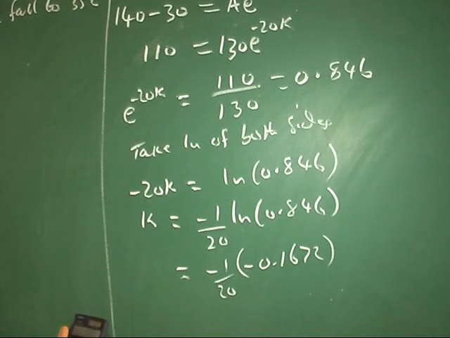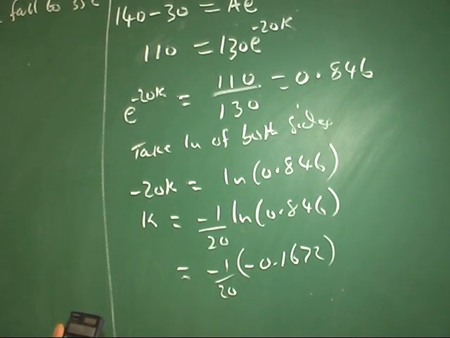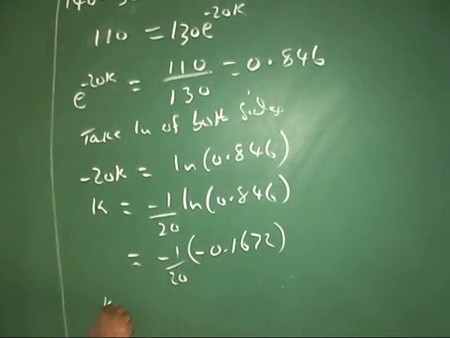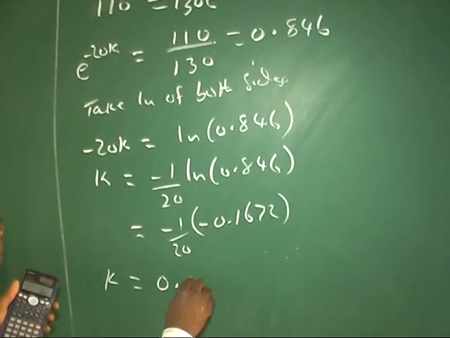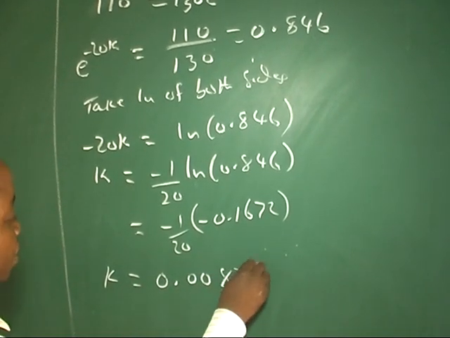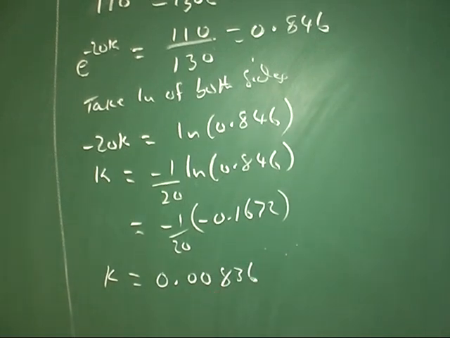So definitely, if we divide 0.1672 by 20, see what we have. We have that K is equal to 0.00836. That is the value of K.